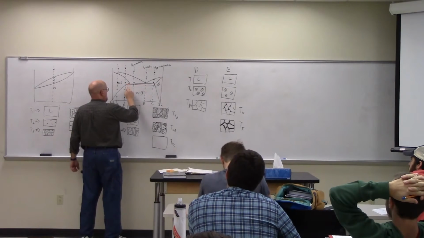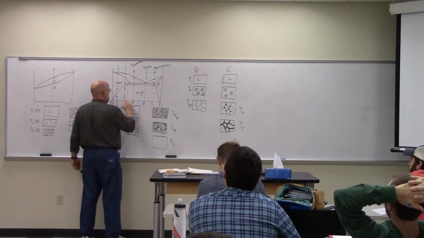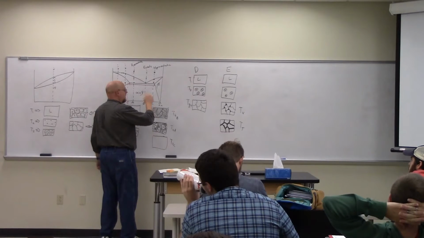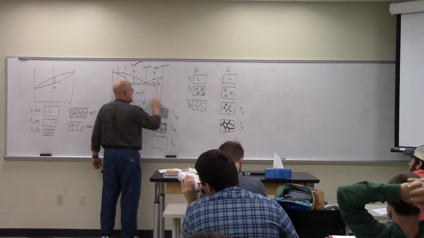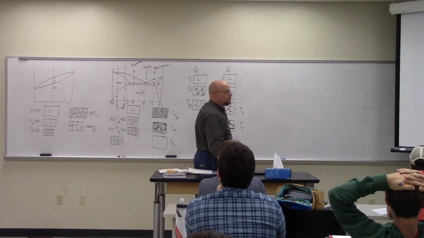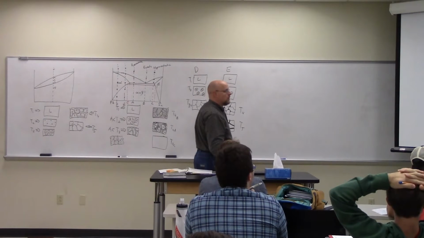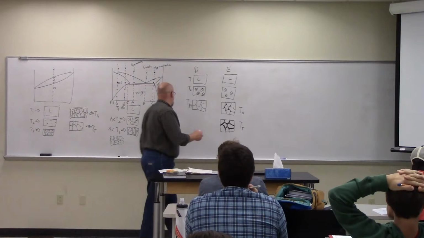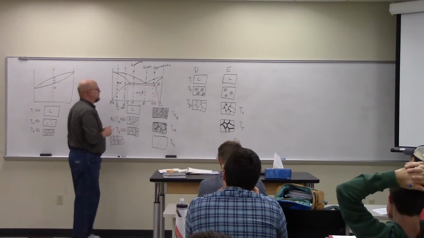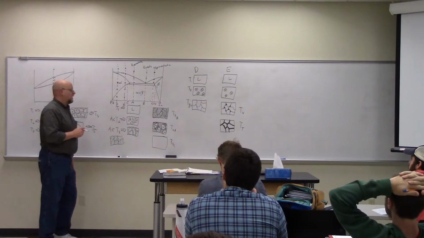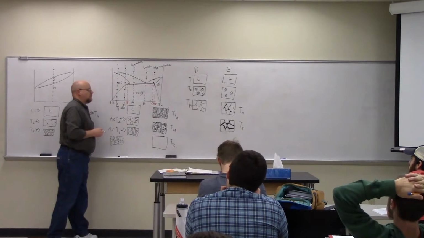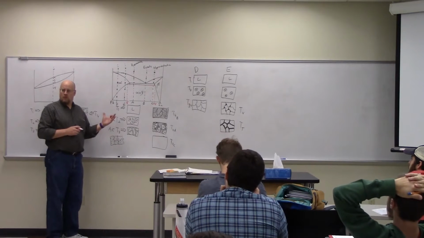Let's just make up numbers here. So this is going to be 15, and this is going to be 98. Actually, let's make this 18 and 98 then. Those are the endpoints.